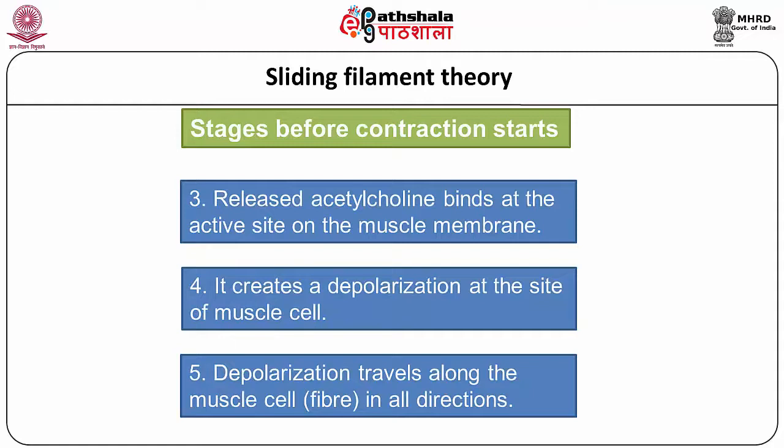Then this acetylcholine binds at the active site of the muscle membrane. This binding causes depolarization at the site of the muscle cell, and this depolarization travels throughout the muscle fiber. This traveling depolarization wave causes the muscle contraction.